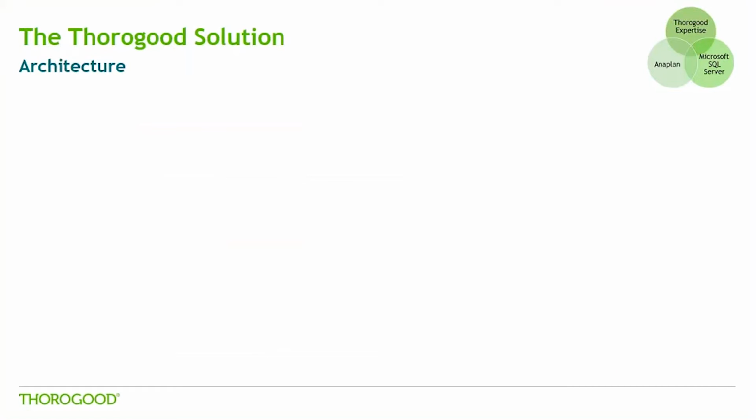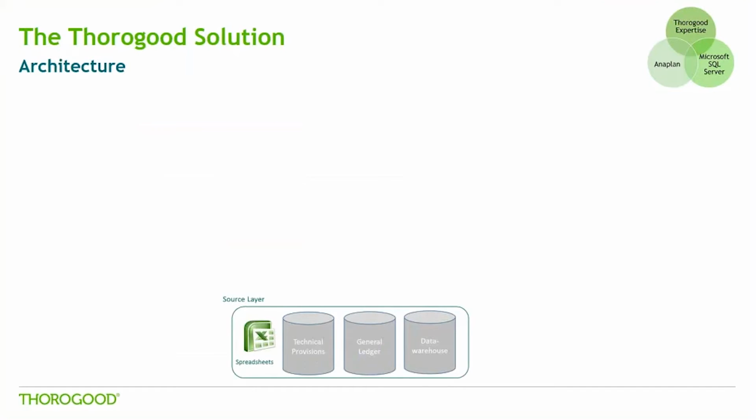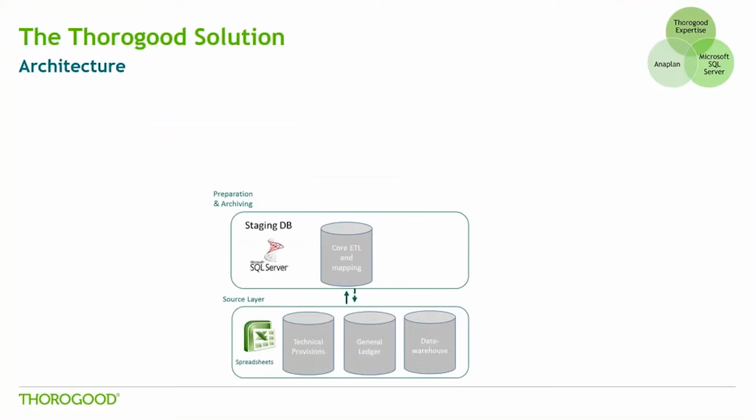Now, we need to start with the same data sources that you're already using, but this time we're going to pull it into a SQL Server staging area. And SQL Server's got an important role in that it's going to prepare the data for the next stage. And it's also going to hold all the final submissions once they have been generated by the following stage.